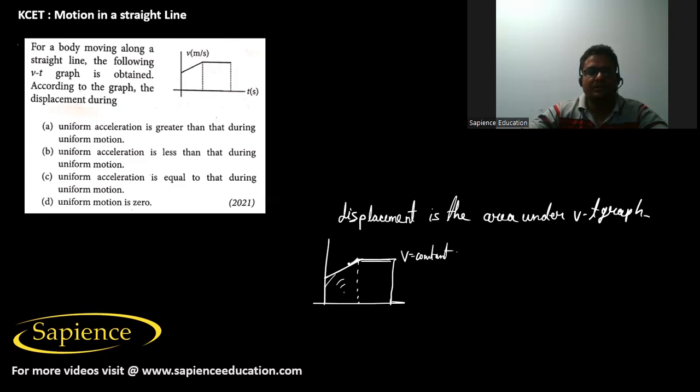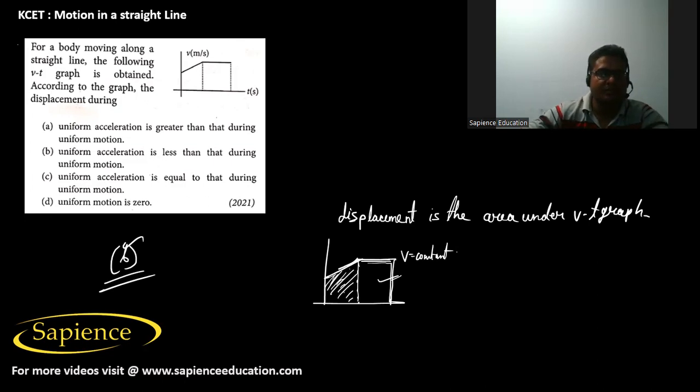So the displacement during uniform acceleration is obviously lesser than the displacement in the uniform motion, since the area of the rectangular part is slightly more than the area under this trapezium. So option B is the correct answer, that the displacement during uniform acceleration is less than that during uniform motion.